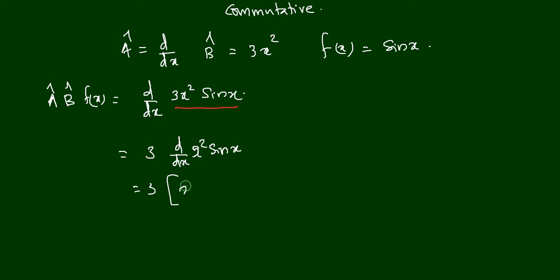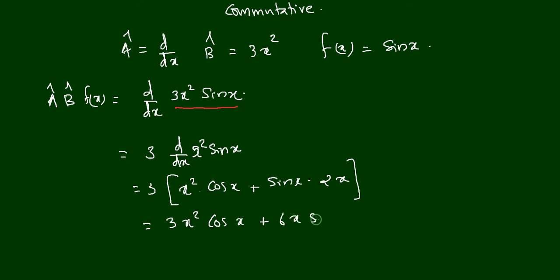That is the first function x square times the derivative of the second, cos x, plus the second function sin x times the derivative of the first, which is 2x. So that is equal to 3x square cos x plus 3 into 2, that is 6x sin x.